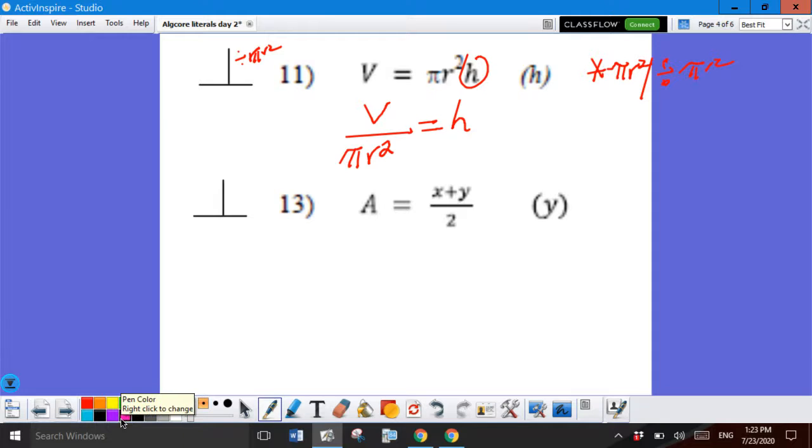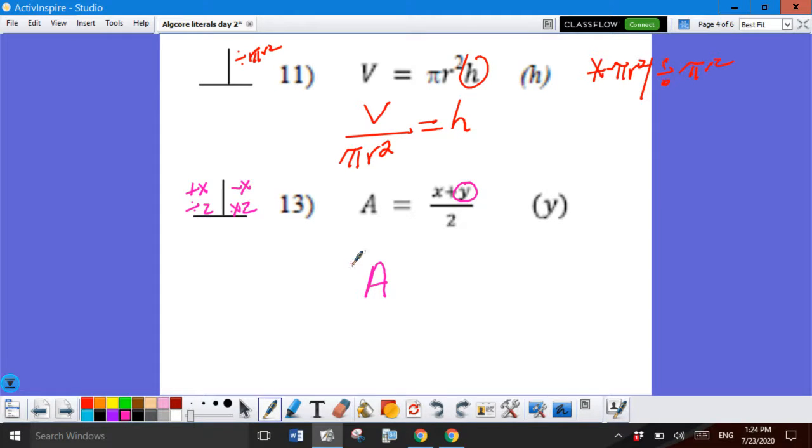All right, see what you can do with this next one. We're solving for y. Okay, so we have plus x, minus x, divide 2, times 2. So I'm starting with a. So the first thing is times 2. Do I write it like this? Nope, I don't, do I?